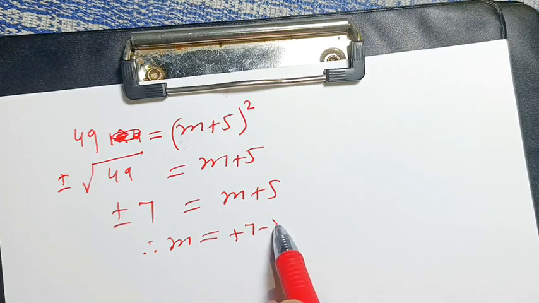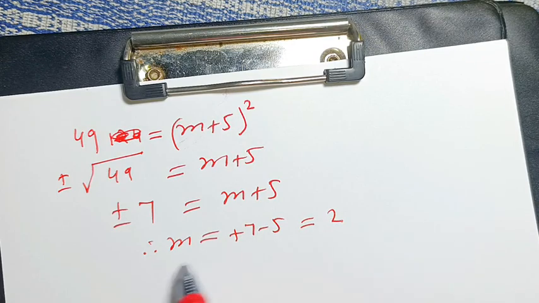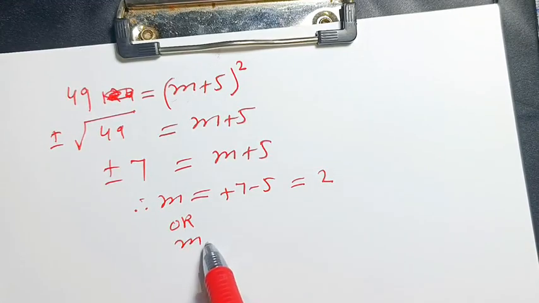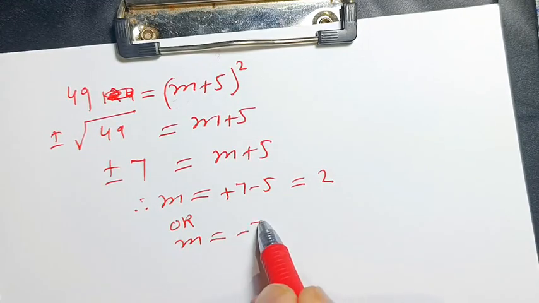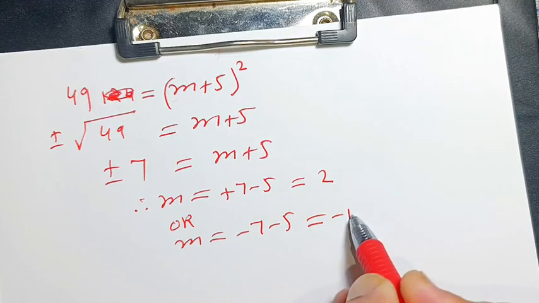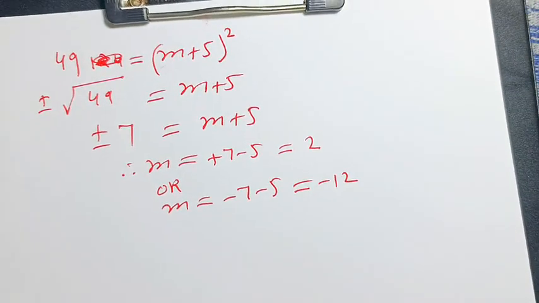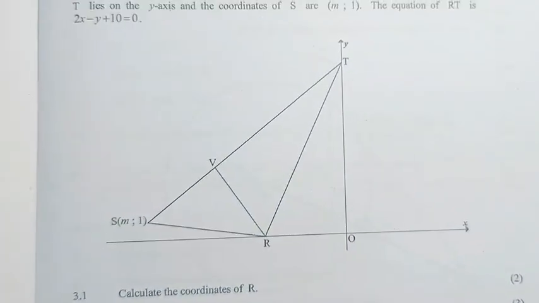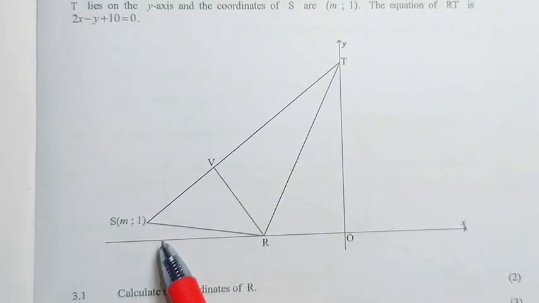So plus 7, negative 5, the answer is going to be positive 2. Or m is going to be equal to negative 7 and negative 5, that's going to be negative 12.